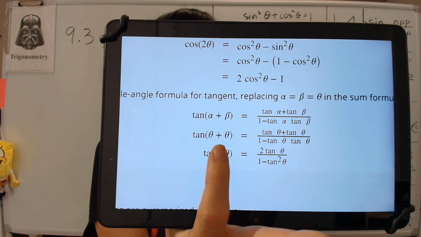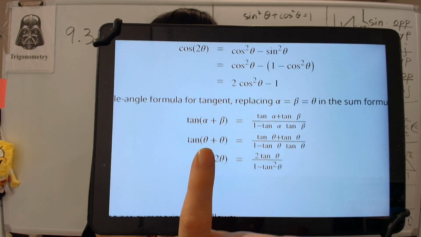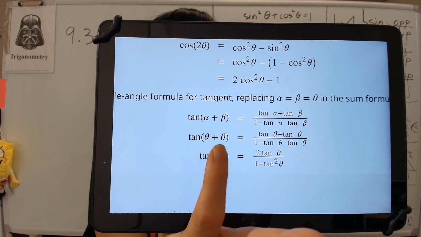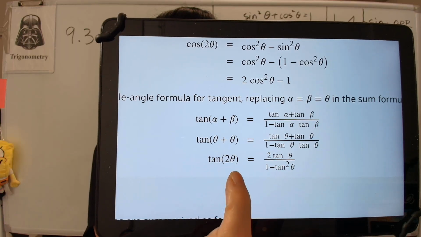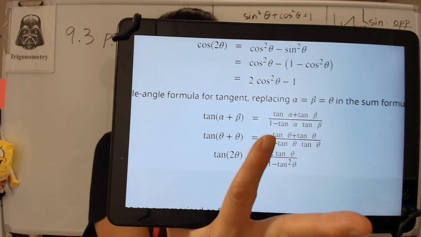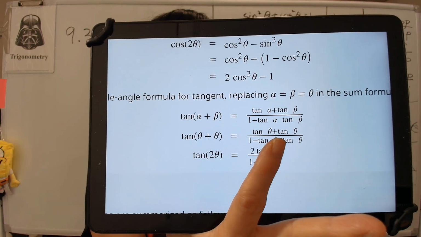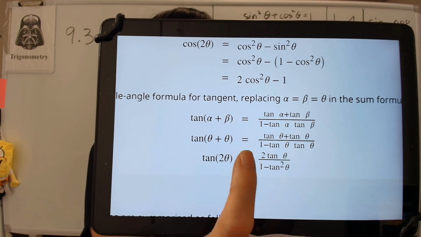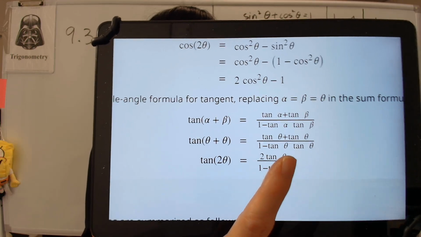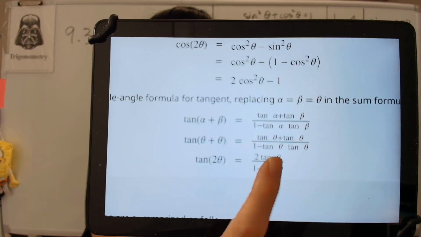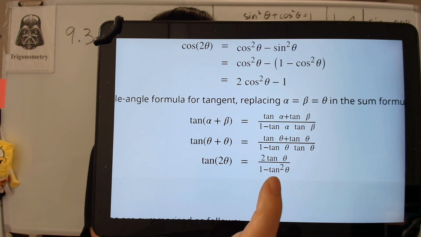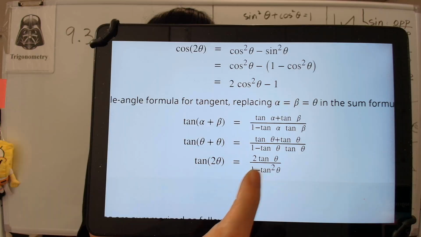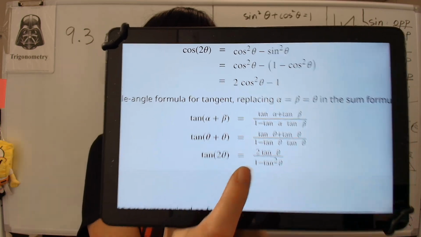If we substitute theta for both alpha and beta, we have 2 theta on this side. Then the numerator becomes tangent theta plus tangent theta, which gives us 2 tangent theta. And the denominator is 1 minus tangent theta times tangent theta, which becomes 1 minus tangent squared theta.